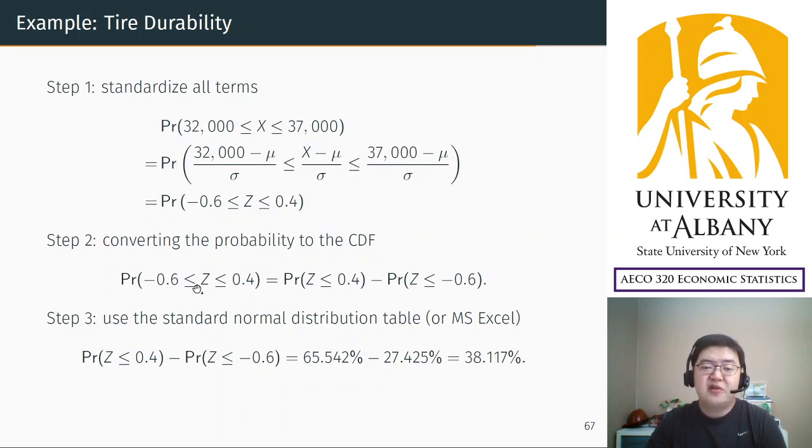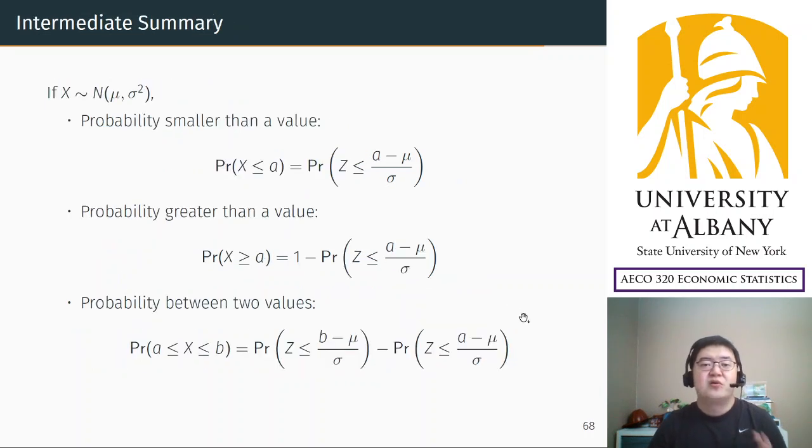And the probability between these 2 points is the difference of these two cumulative probabilities: the probability smaller than 0.4 minus smaller than -0.6. Then find 0.4 and -0.6 from the table, or Excel. As a result, you will have 38.117%.